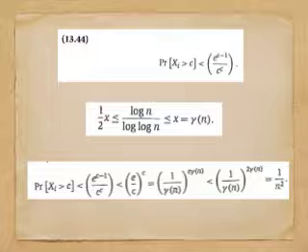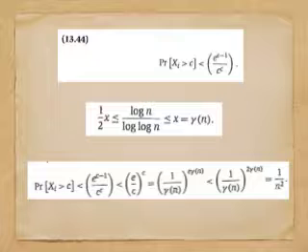If x to the x is equal to n, then taking logarithms gives x log x is equal to log n, and taking logarithms again gives log x plus log log x is equal to log log n. Thus we have 2 times log x is greater than log x plus log log x, which is equal to log log n, which is greater than log x.